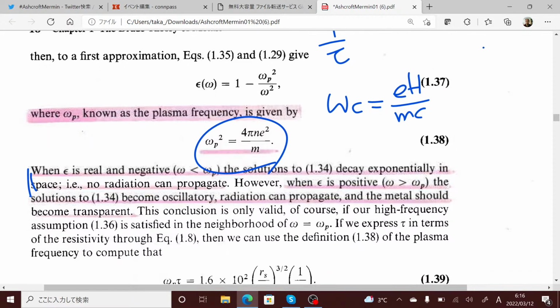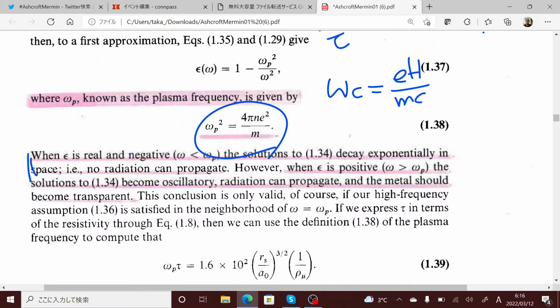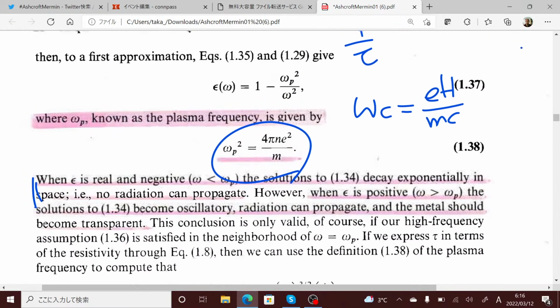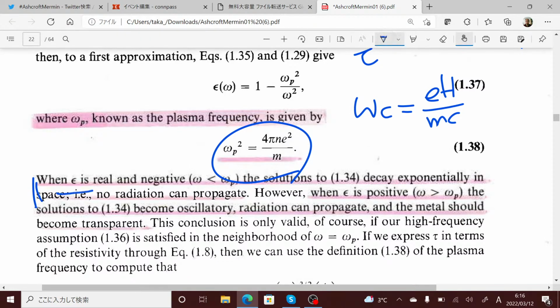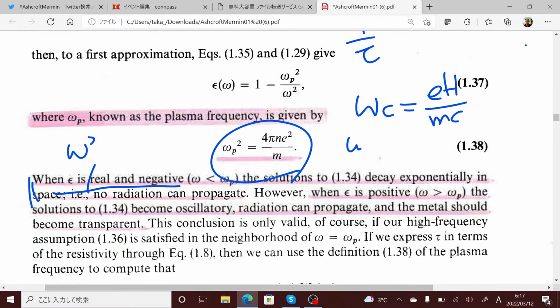When epsilon is real and negative, that means omega squared, omega is smaller than the plasma frequency.